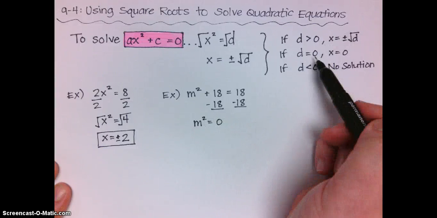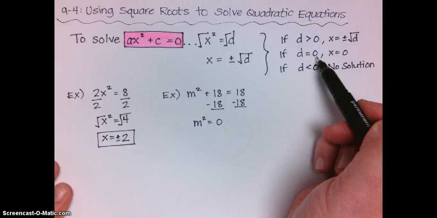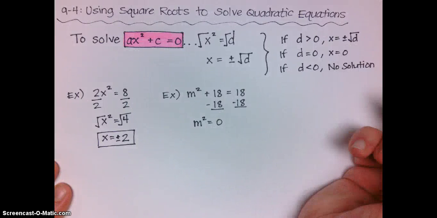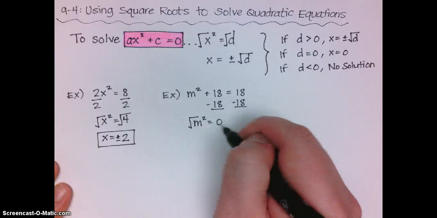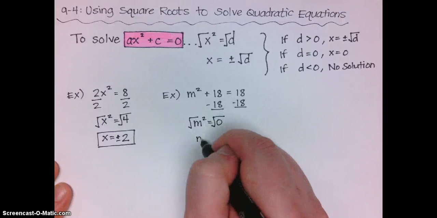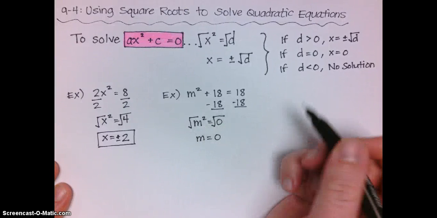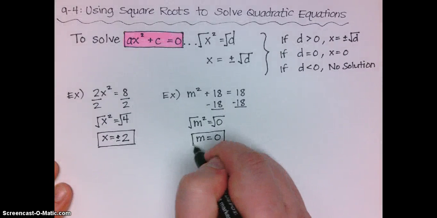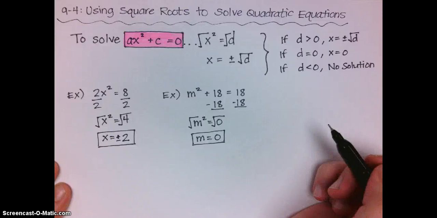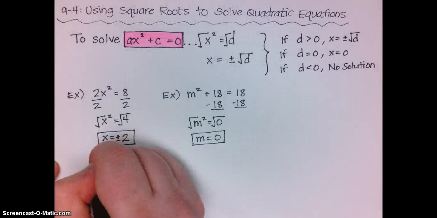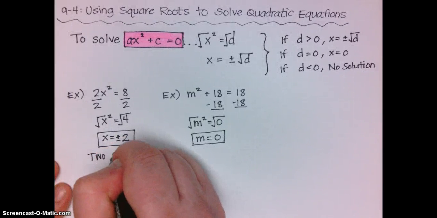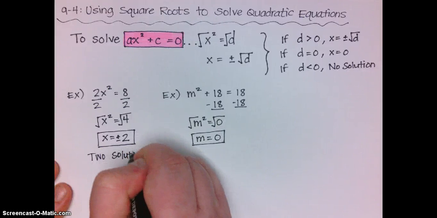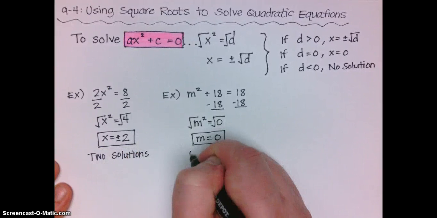And I found out before that if the number on the right-hand side equals 0, I'm going to have one solution. That's because the square root on both sides is going to be 0. The only number that, when you multiply it by itself, gives 0 is the number 0 itself. So for my first one I had two solutions, and the second one, I only had one solution.